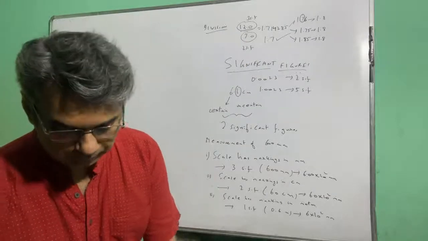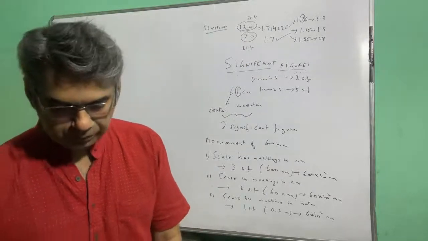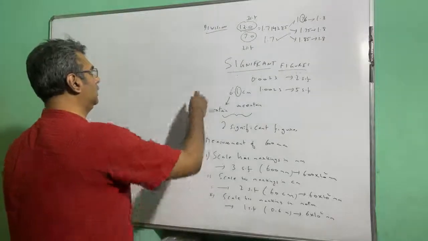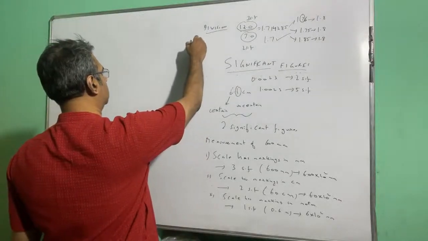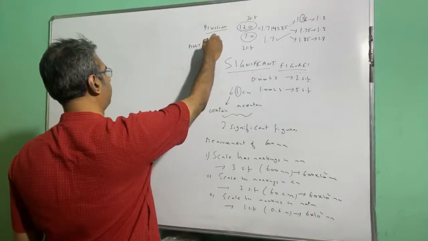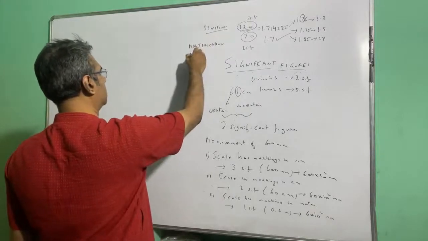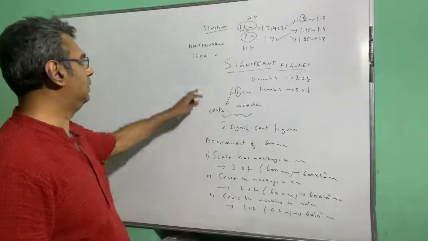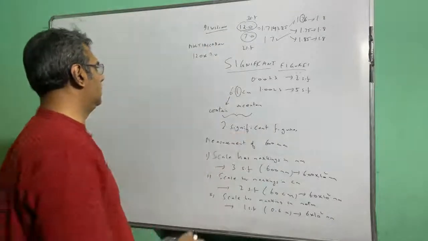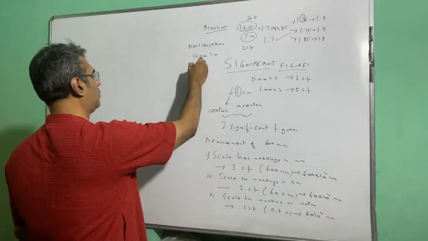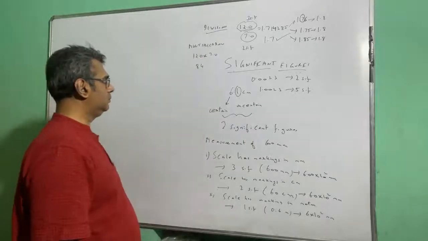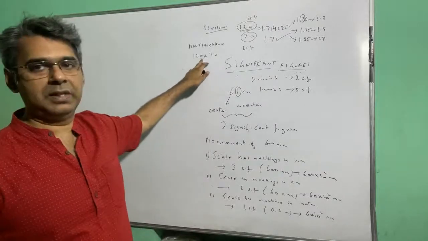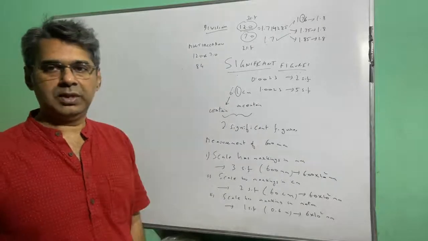Now for multiplication also, the rule is the same. So suppose you are multiplying 12.0 into 7.0. 12.0 has 3 significant figures, 7.0 has 2 significant figures.